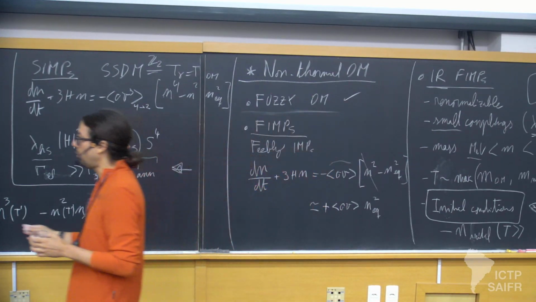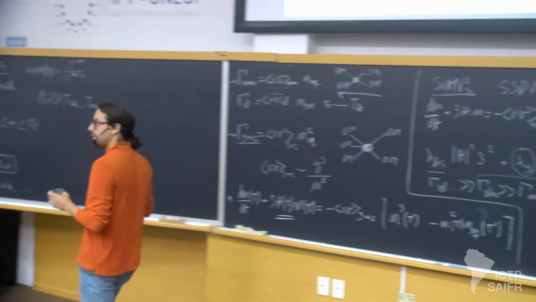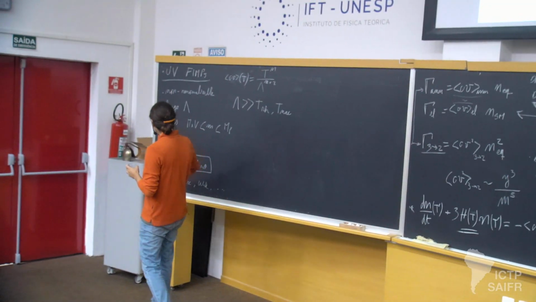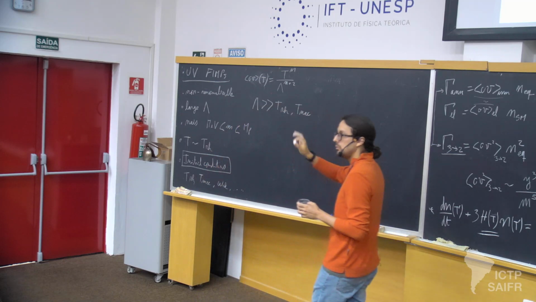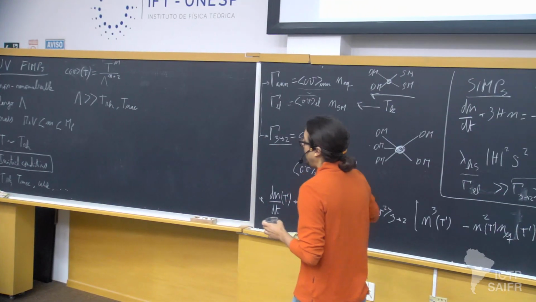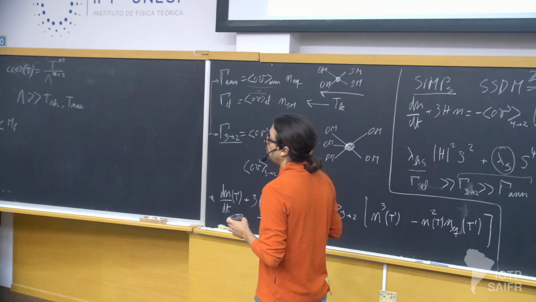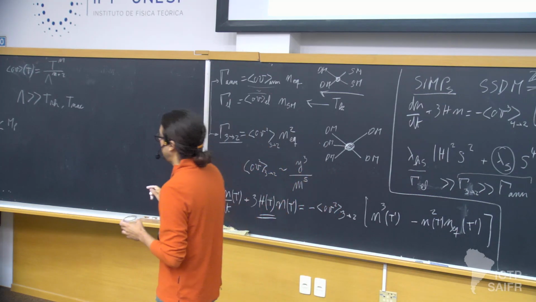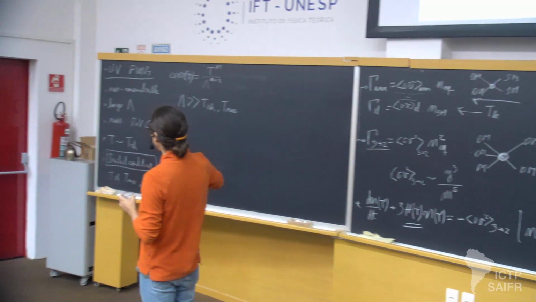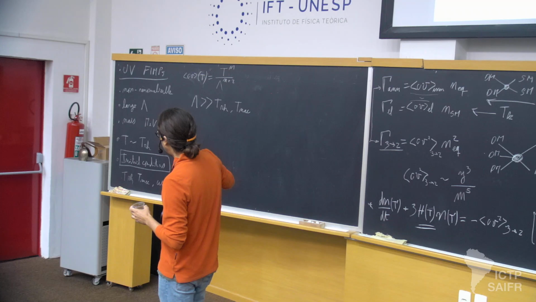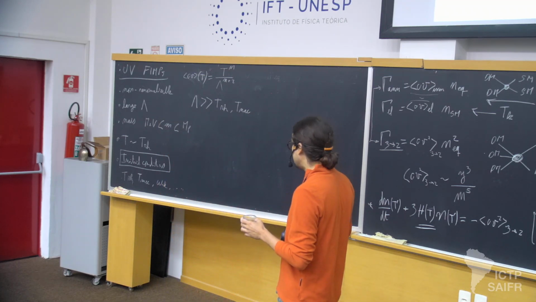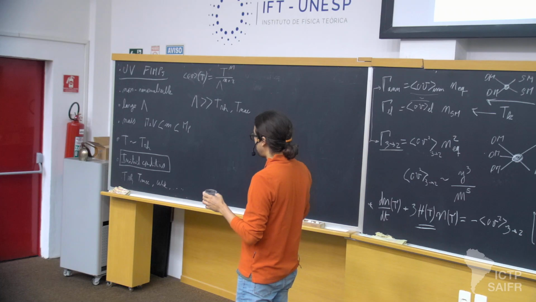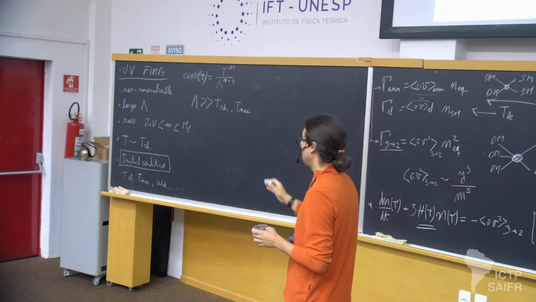Exactly. It could be more complicated than that, because you can have production really during reheating. But as a first approximation, let's assume that the reheating is instantaneous or very short. So dark matter is only produced in the radiation domination, right? In that case, the highest temperature reached by the universe is T reheat.